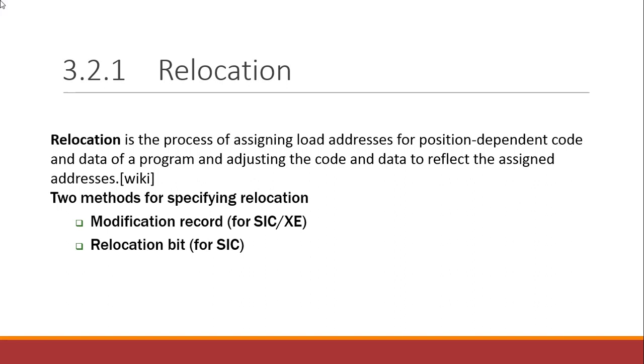In this section, we consider the design and implementation of a more complex loader. The loader we present is suitable for use on a SIC XE system, which is typically how programs run on most modern computers. This loader provides for program relocation and linking, as well as a simple loading function described in the preceding chapter sections.